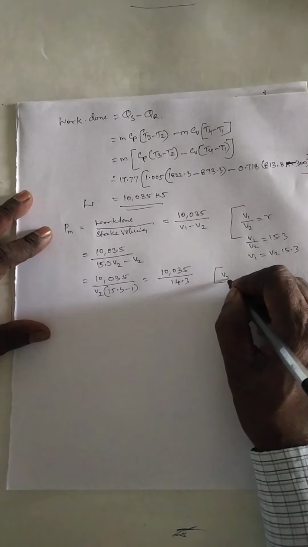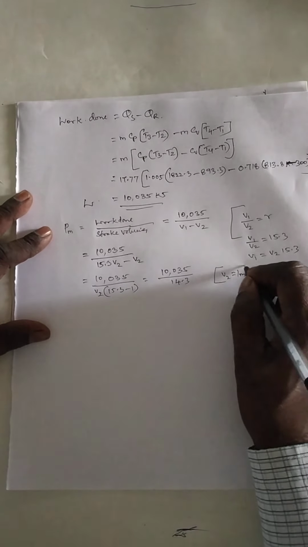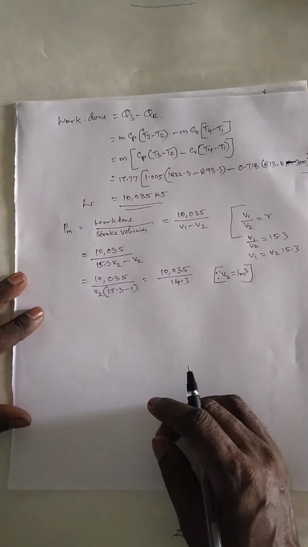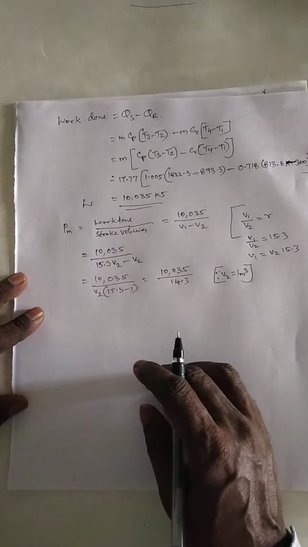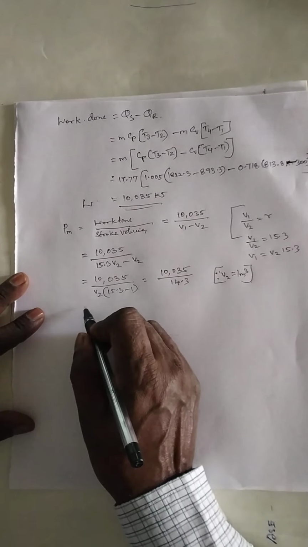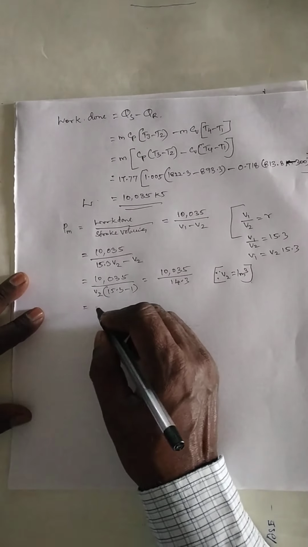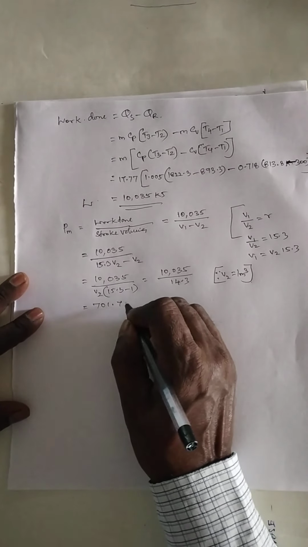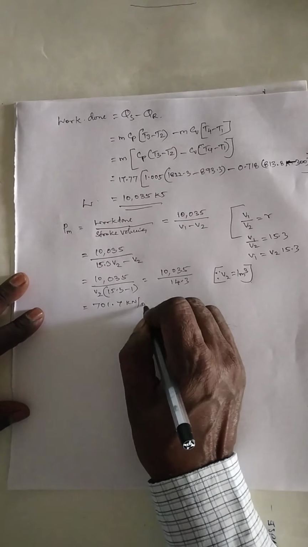Since V2 is equal to 1 meter cube, we will be getting the value as 701.7 kilonewton per meter square.